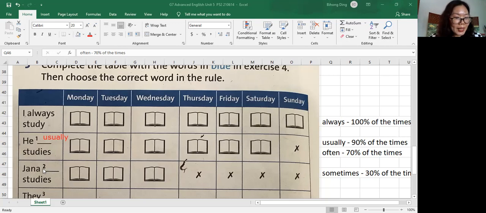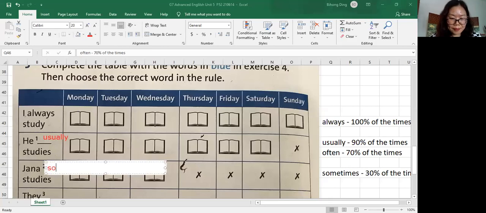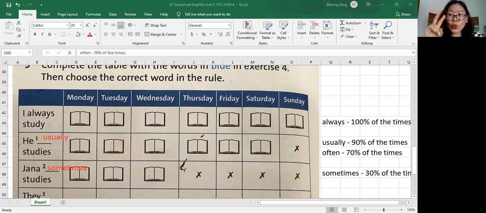So obviously here, Jana is a girl. Jana sometimes studies. She sometimes studies, because look, only from Monday to Wednesday. Actually, this is only like 20% of the time.